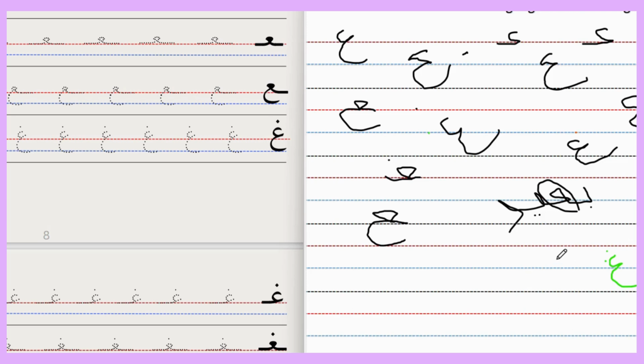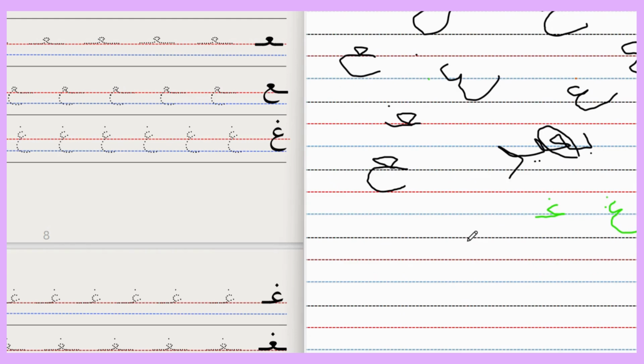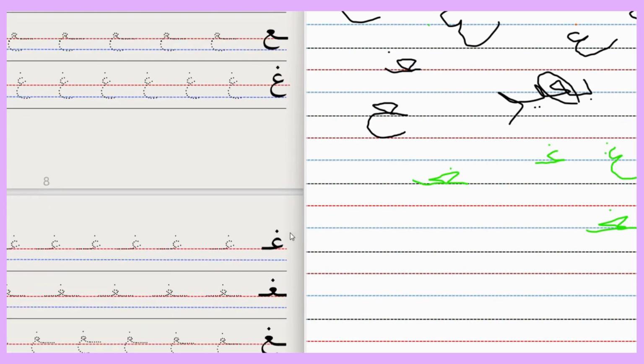So this is the short one, like this, the connected. So the only difference is that you put a dot, okay? And this one. So I did it a little bit quicker than the other ones.